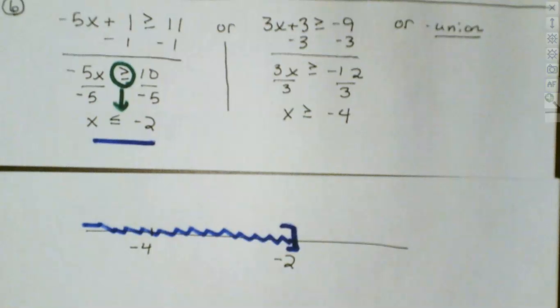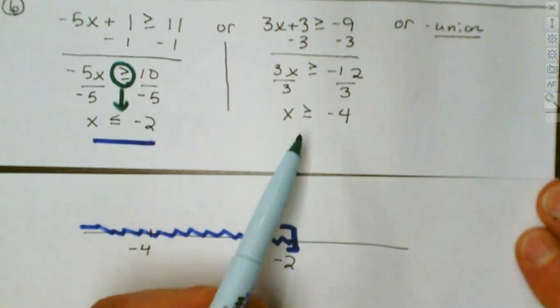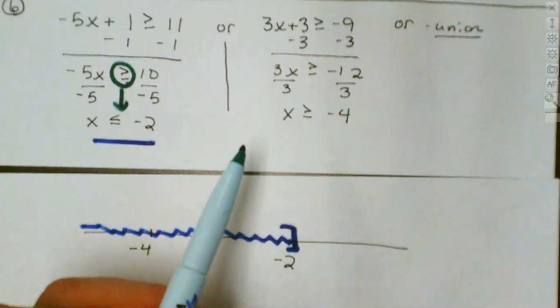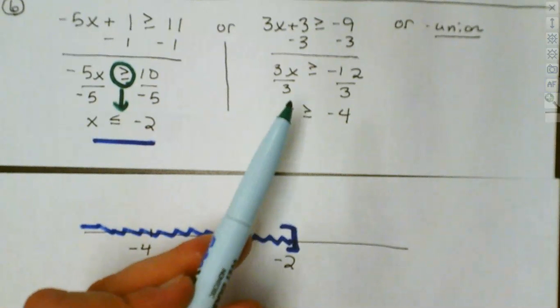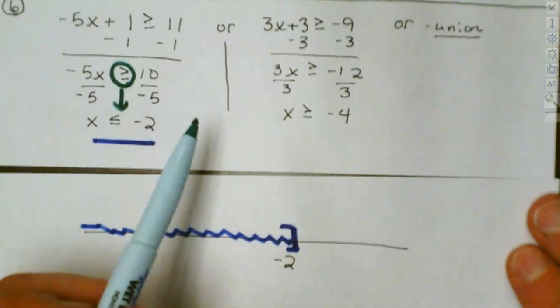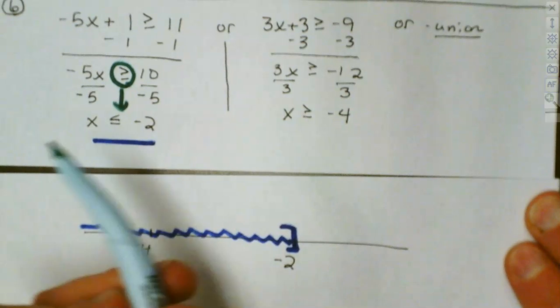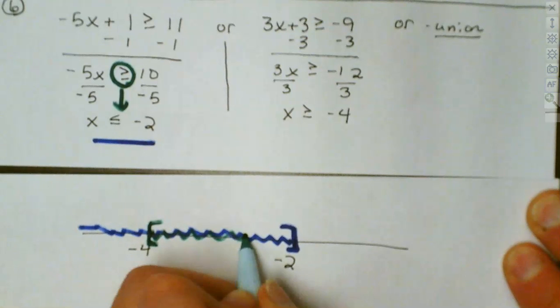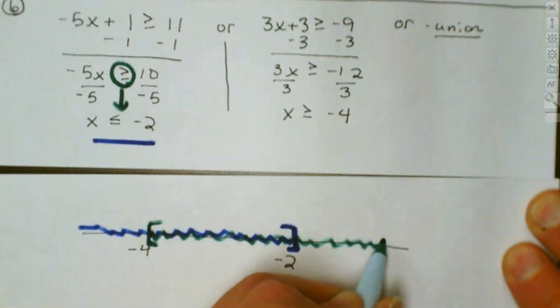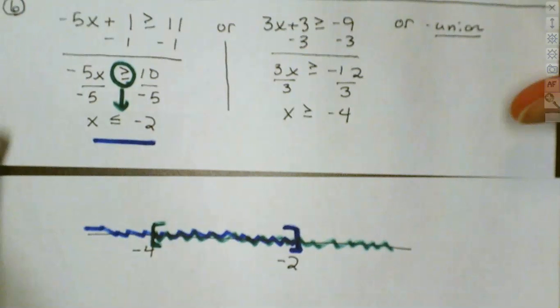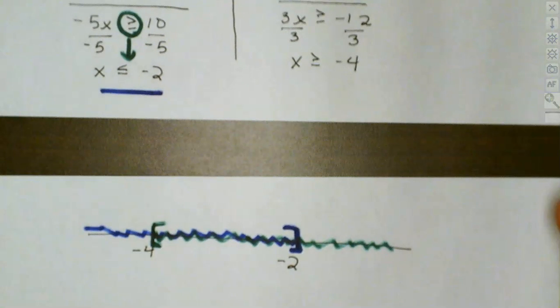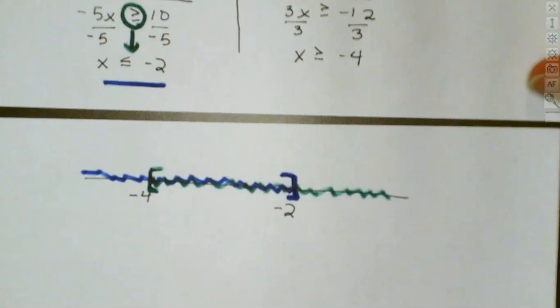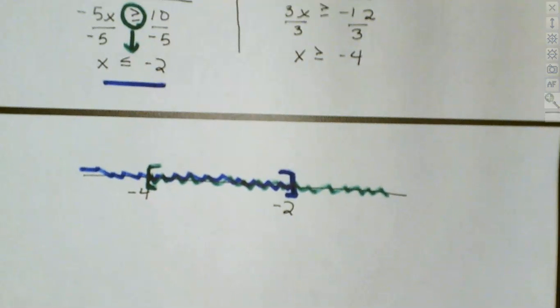What about the other one? Make sure we copied it down correctly. Yep, everything looks right. The other one says x is greater than or equal to a negative 4. So that's there. Now the last one, our answer was in the middle. And why was our answer in the middle?